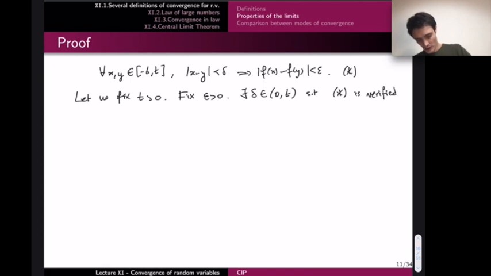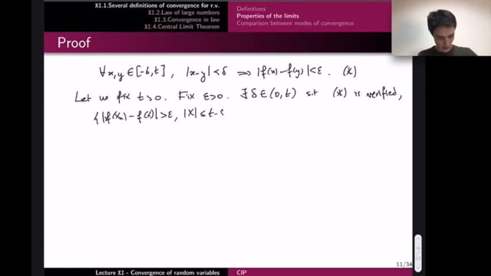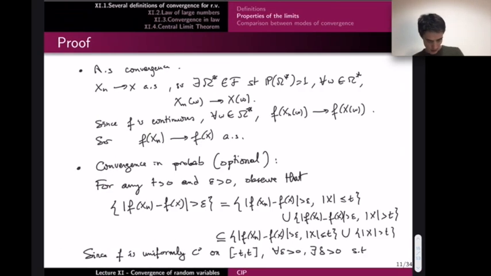So delta is small enough, and I will get also that the set |f(xn) - f(x)| greater than epsilon and when I look at |x| less or equal to t minus delta, which corresponds here to this part here.